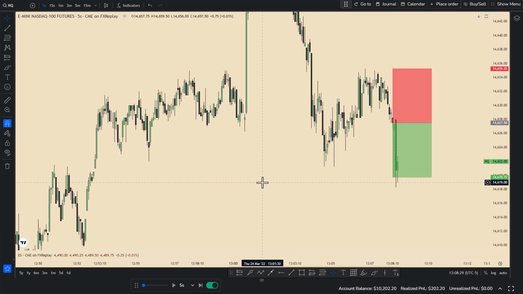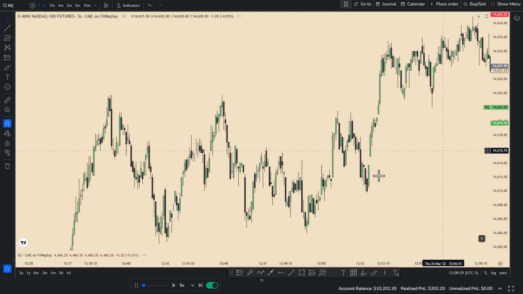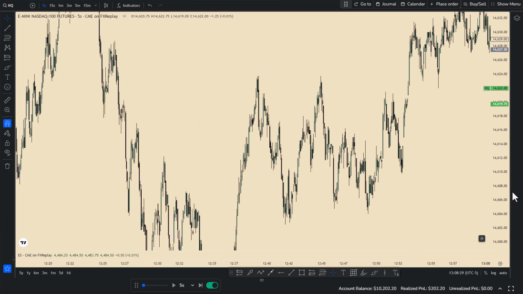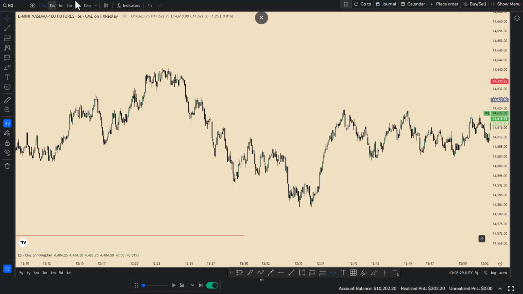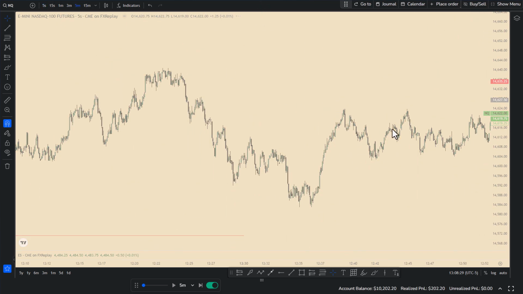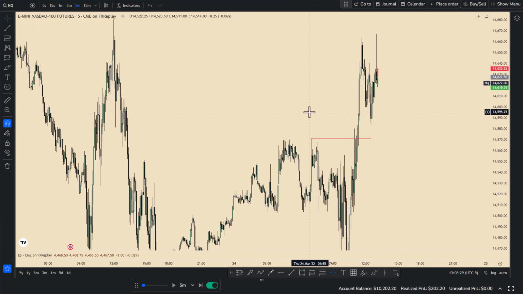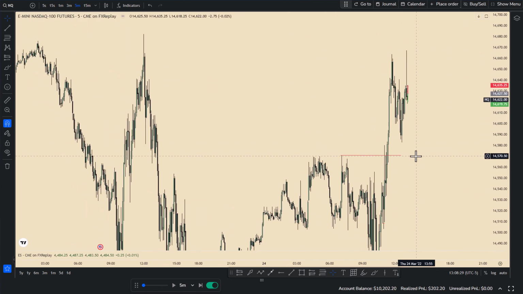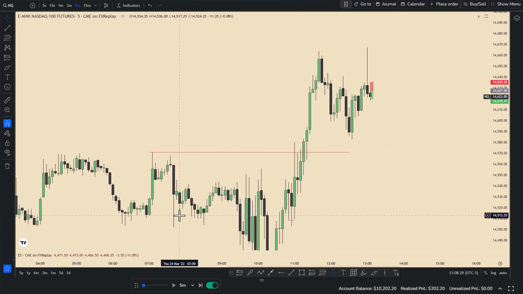And also remember what I told you about that sweep that happened somewhere around, let me see, all right, here we have a sweep, right, and then came back to here. A lot of people will be willing to sell from here, but it's your chance to buy.